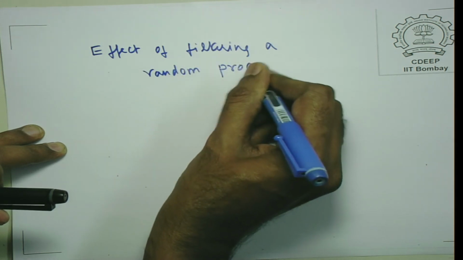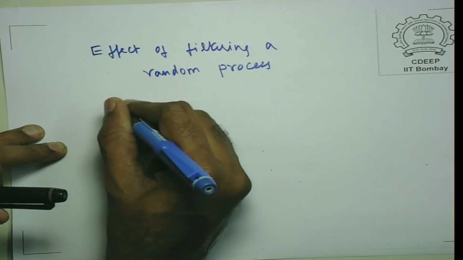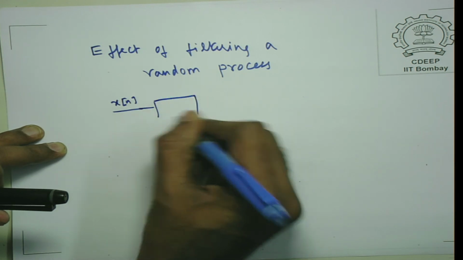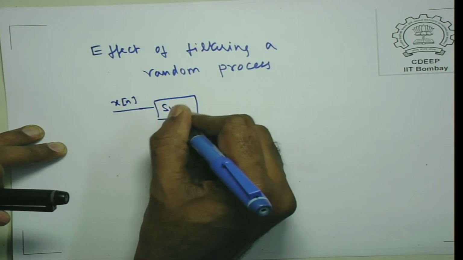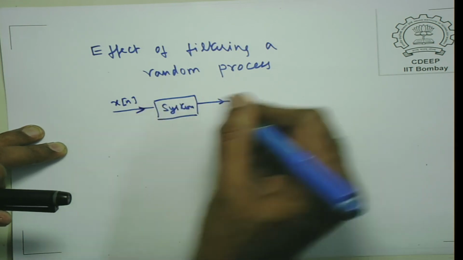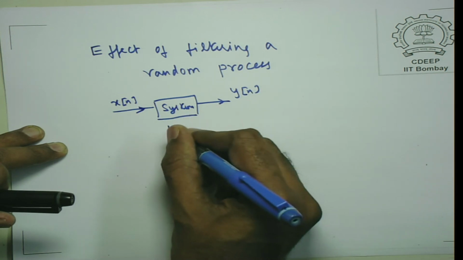The reason this is of interest to us is we will typically look at some signal going into some system, and we will have an output from this system. This system may be characterized in different ways.